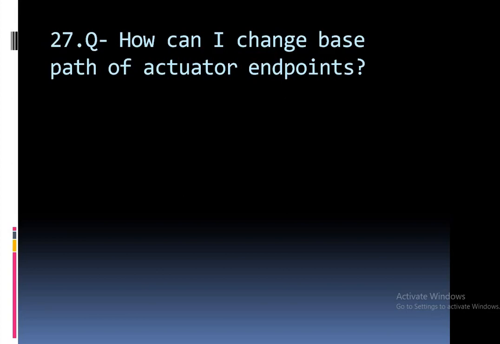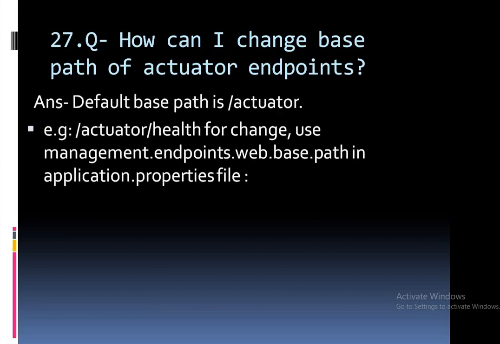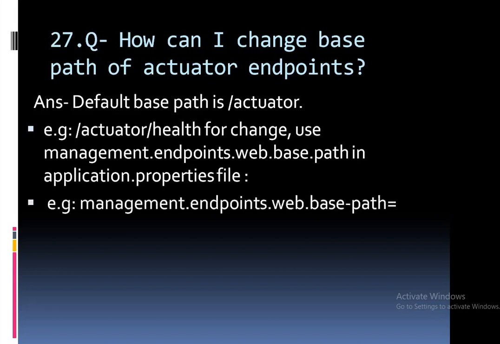How can I change the base path of Actuator endpoints? The default base path is /actuator. But if we want to change it, for example /actuator/health, we can use management.endpoints.web.base-path in the application.properties file, and we can mention that base path.